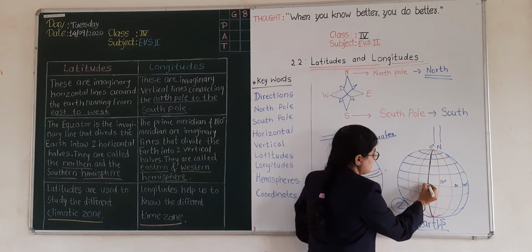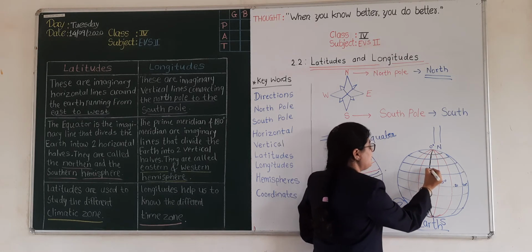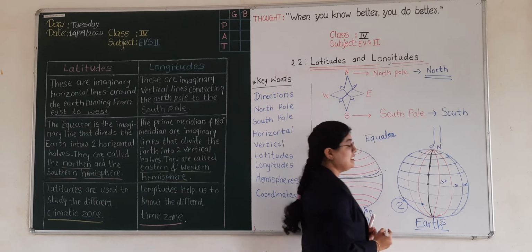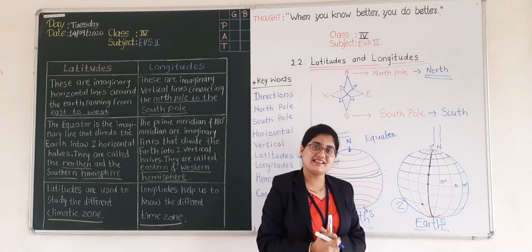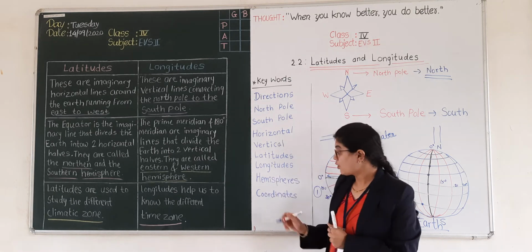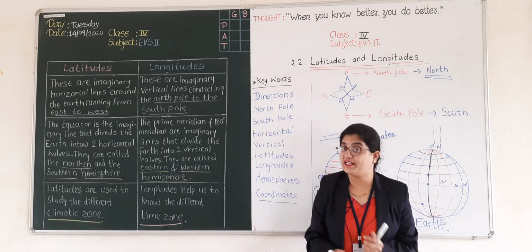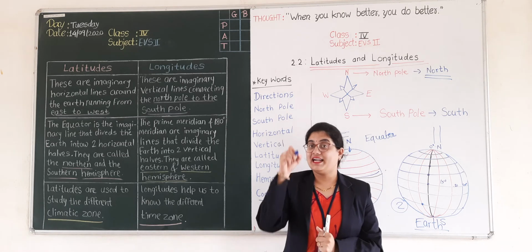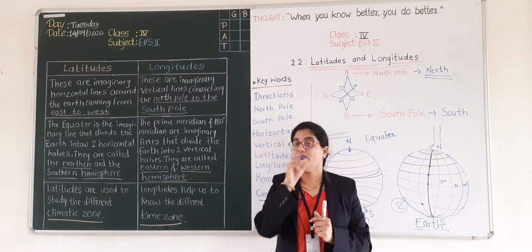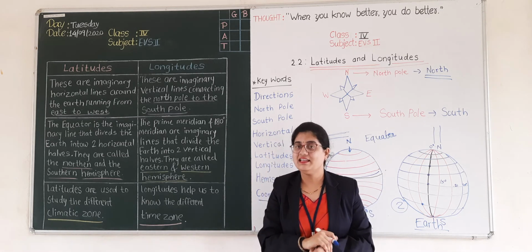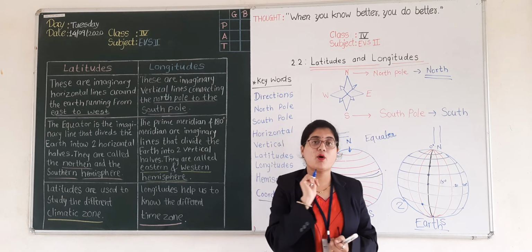Here you can see some points where these lines are crossing each other, and these are nothing but coordinates. Understood? What is meant by coordinates? Yes, latitude and longitude. They cross each other and we get one point.